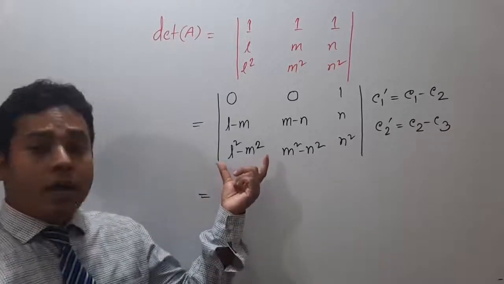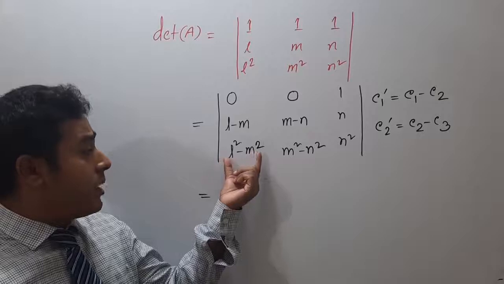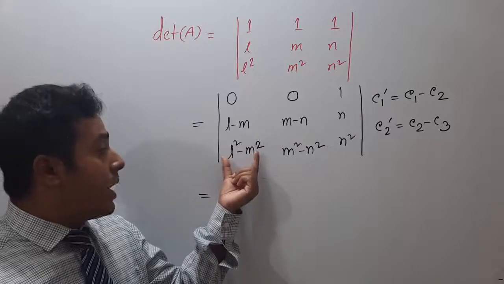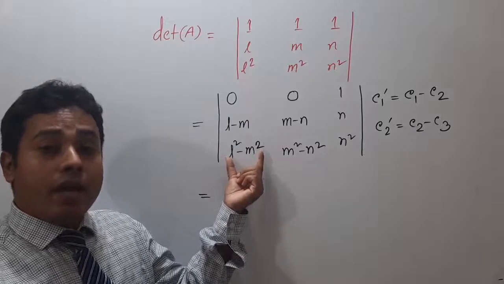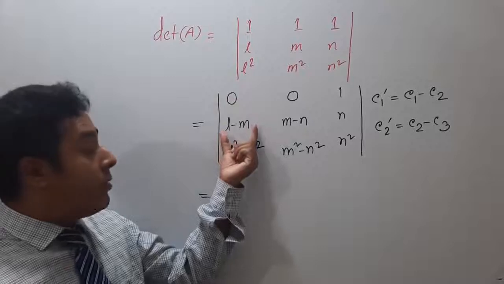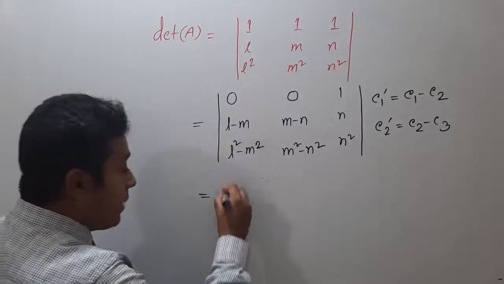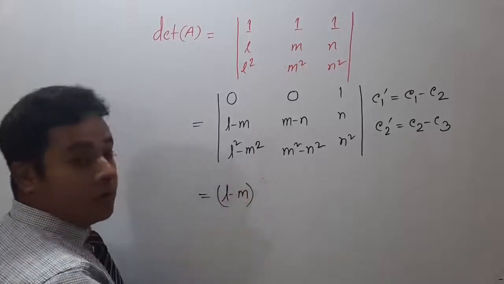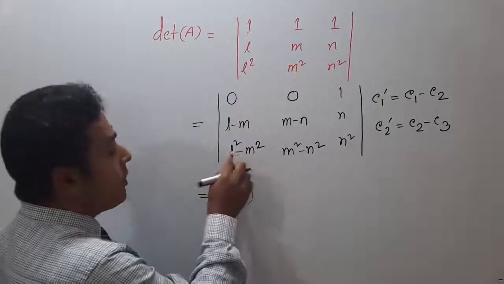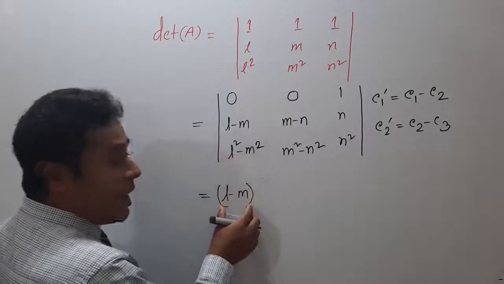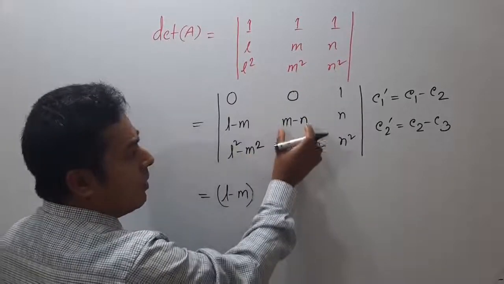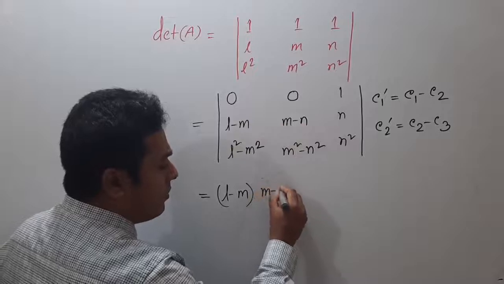Now after applying the algebraic formula a square minus b square equals a plus b into a minus b, L square minus M square is equal to L plus M and L minus M. So from the first column we can take a common factor L minus M, and similarly from the second column M minus N is a common term.